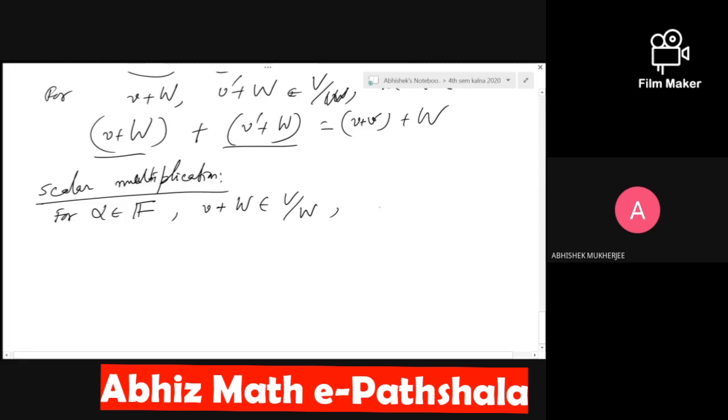Then we define alpha dot (v + W) as (alpha v) + W. Now this alpha v is due to the scalar multiplication of the vector space V.